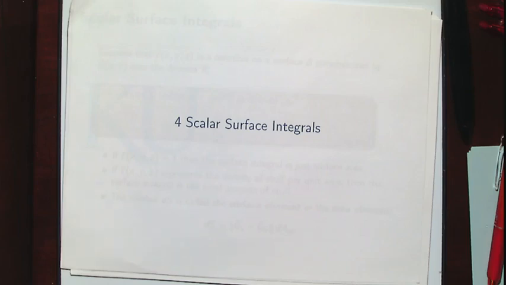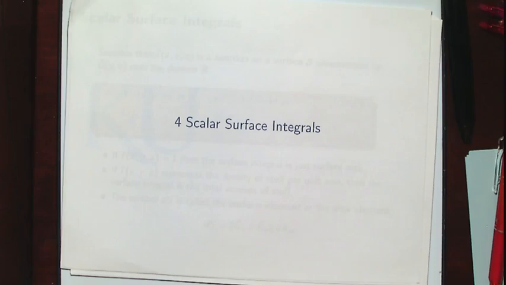Wait. What is this parameterization for? Sphere of radius what? C. So what's the Jacobian of spherical? It's rho squared sine of phi, right? What is rho on the surface of the sphere?